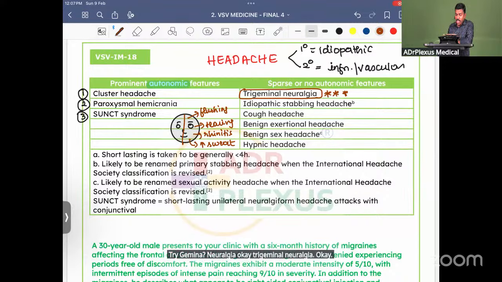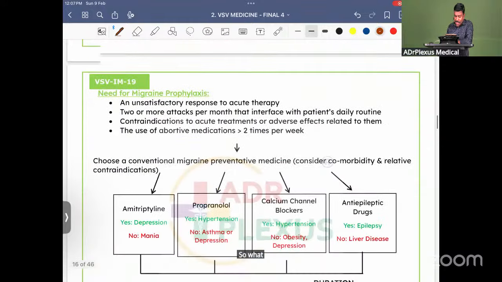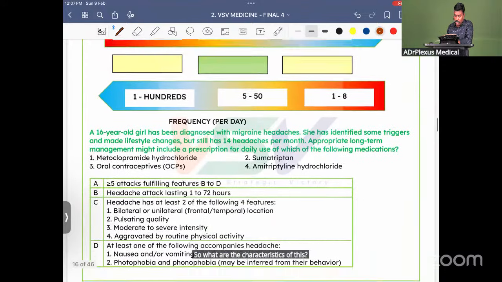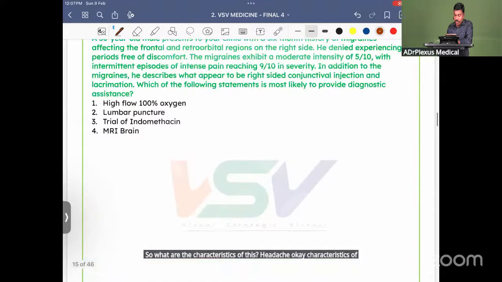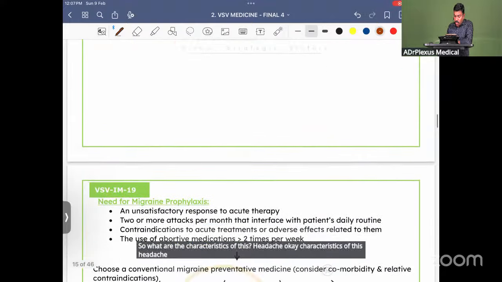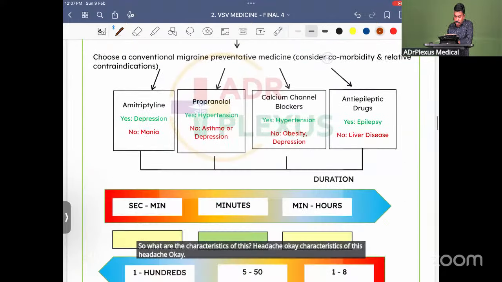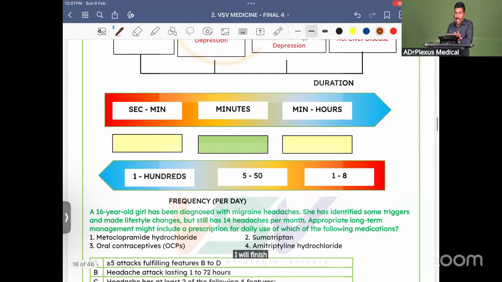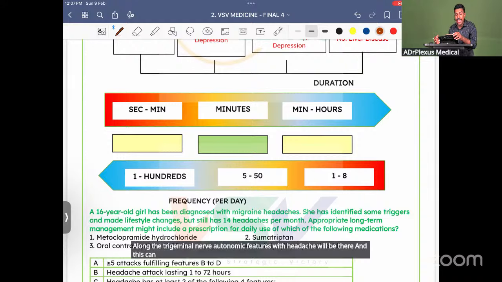What are the characteristics of this headache? I will finish this one and come back there. In trigeminal autonomic cephalgias, along the trigeminal nerve, autonomic features with headache will be there, and these can last for seconds to minutes.